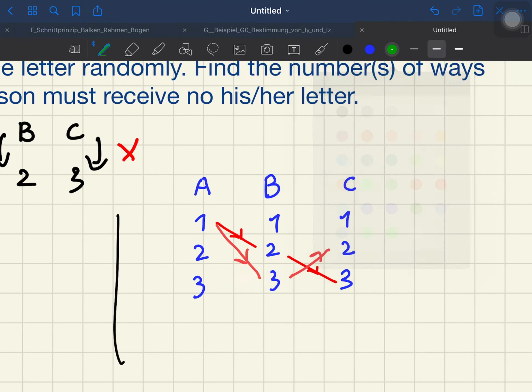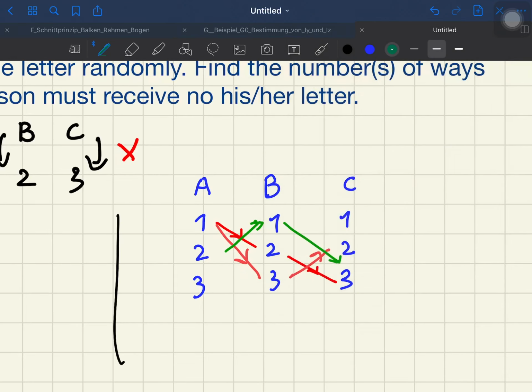Now look at the second one. Person A chooses letter number 2. Let's say person B chooses number 1, and then person C chooses number 3.